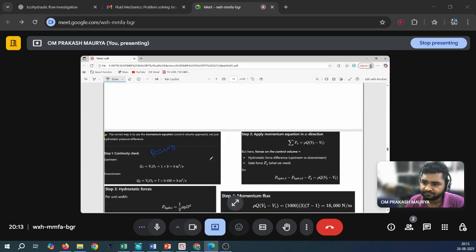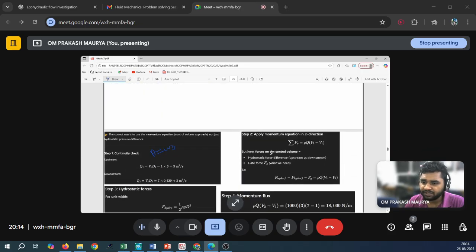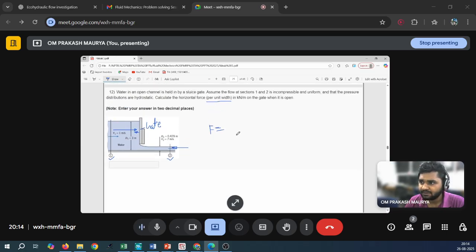Another one, your momentum: force is equal to rate of change of momentum. So rate of change of momentum is your change in velocity into rho Q, that is rho Q velocity, meaning m dot.